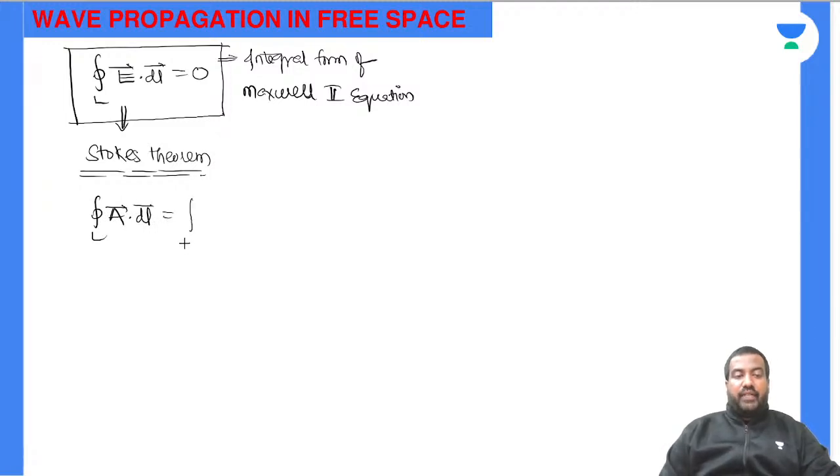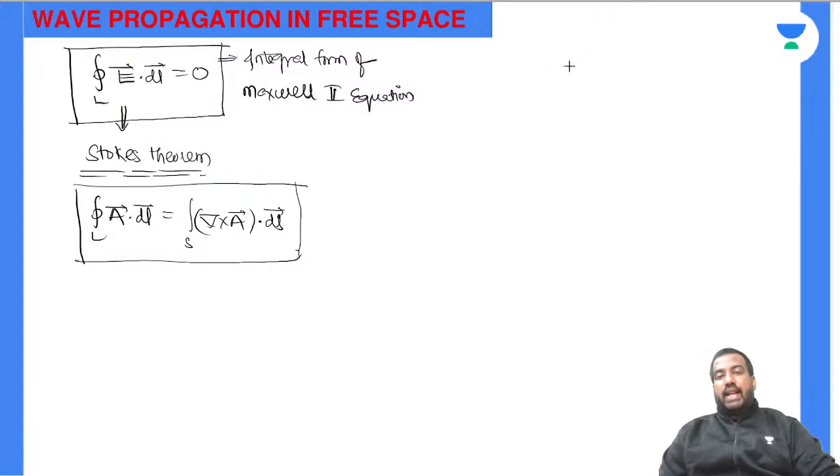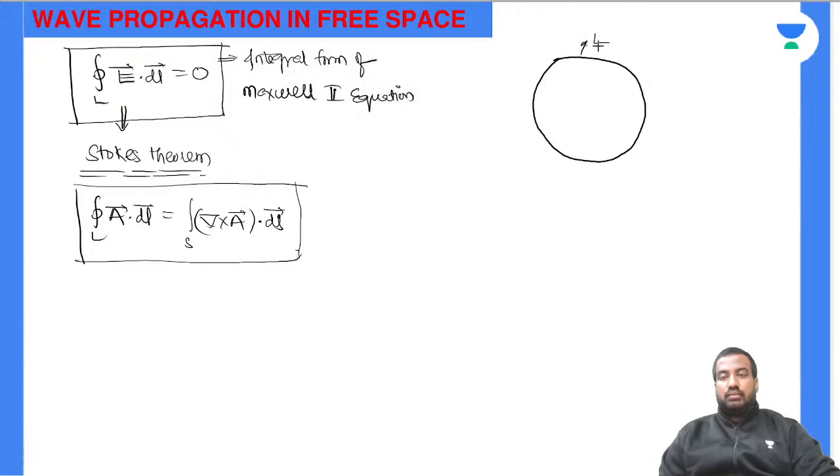Closed loop integral of A dot dl is surface integral of del cross A dot ds. How to understand this? If you take a closed loop, A is the energy source, let it be light energy again.